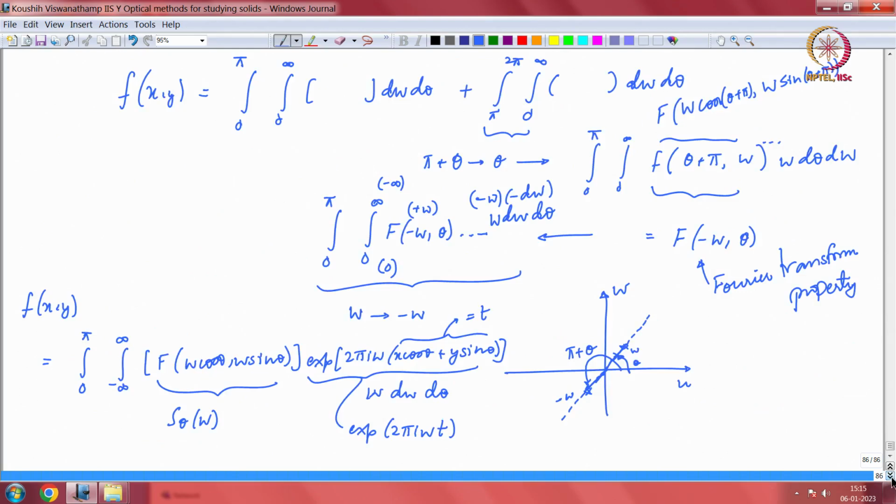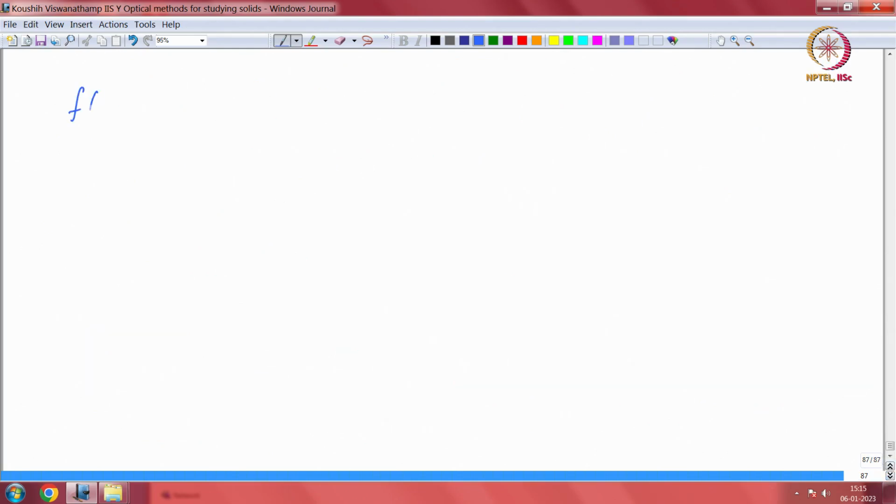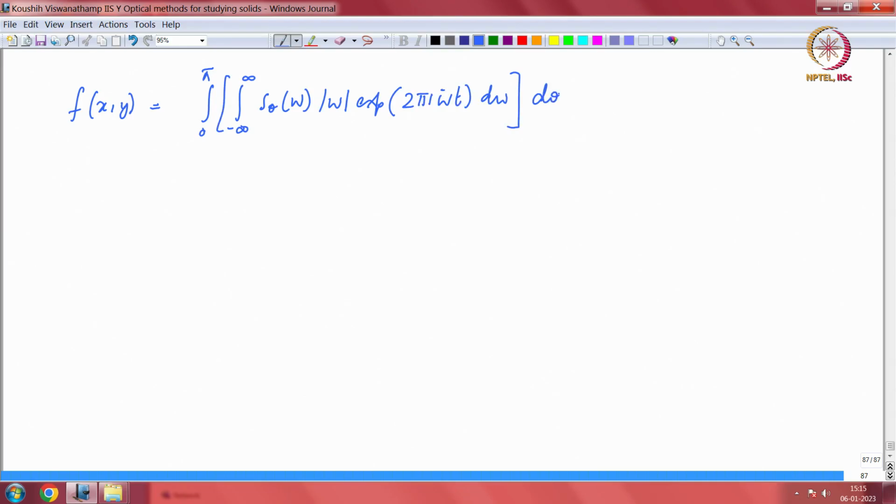So, now if you put this stuff together, you will get f of x comma y is equal to integral 0 to pi integral minus infinity to plus infinity S theta of w times magnitude of w, exponential 2 pi i w t, dw d theta.